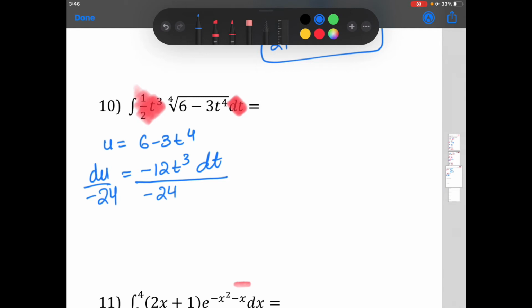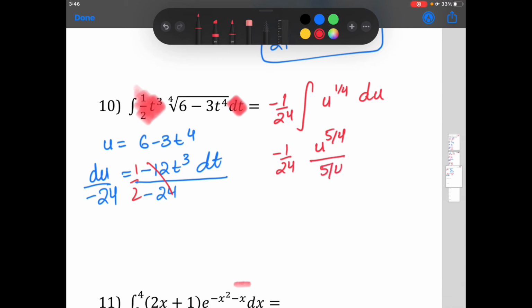So I'm left with what? 1/2, this cancels out. So I have 1/2 t cubed dt would replace my negative 1/24, and then I have u to the 1/4 power du. So now what is the integral of u to the 1/4? This would be negative 1/24 times u to the 1/4 plus 1, which is u to the 5/4 over 5/4 plus c.